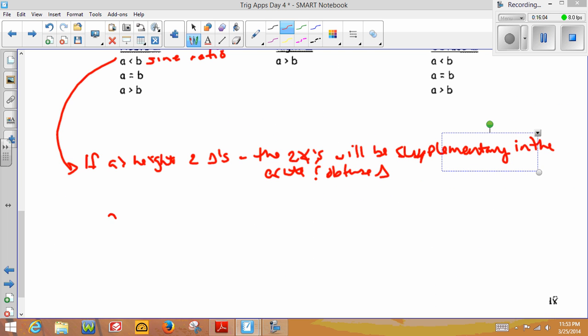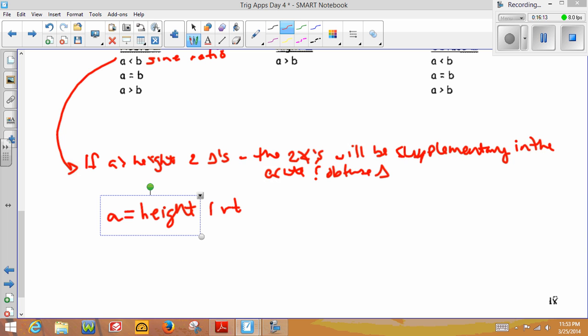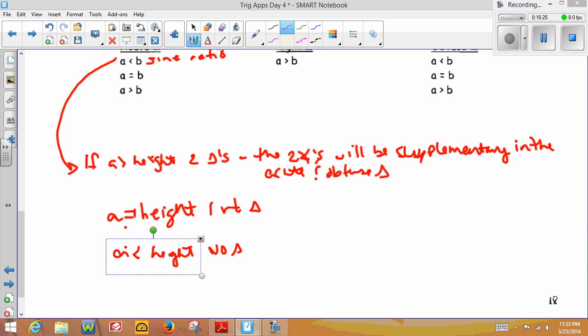If A equals the height, we have one right triangle. If A is less than the height, we have no triangles. And I'm going to show you an example of that in class. It's kind of a visual thing that you need to watch and see.